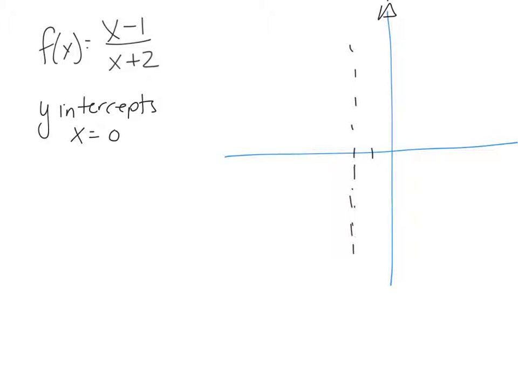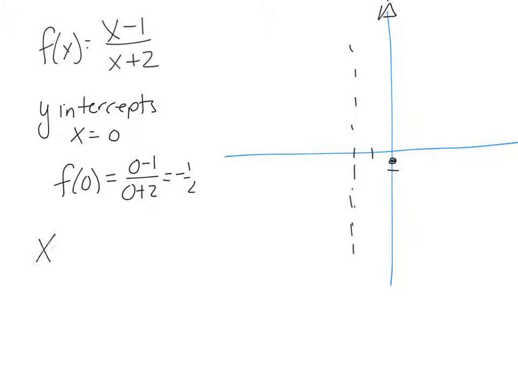It means that's an asymptote and you won't cross it. So plug x equal to 0 in, and what do we get? f of 0 is equal to 0 minus 1 over 0 plus 2, which is minus 1/2. So we know this is going to cross the y-axis at minus 1/2. That's step 2, finding the intercepts.